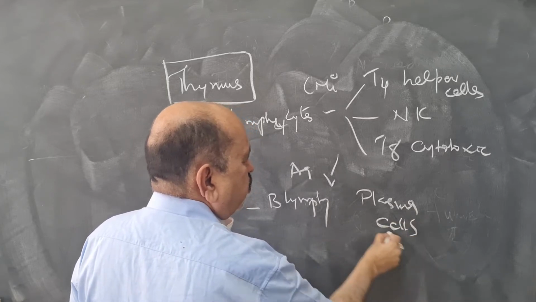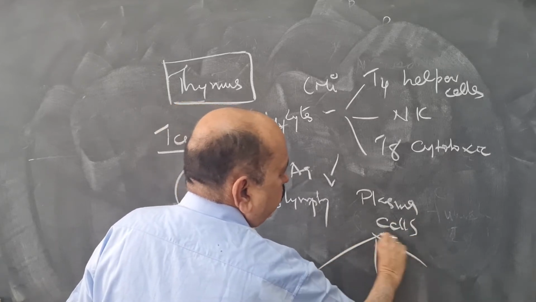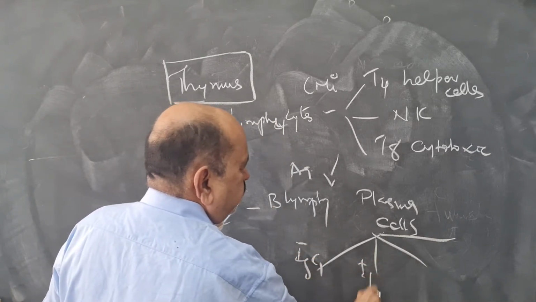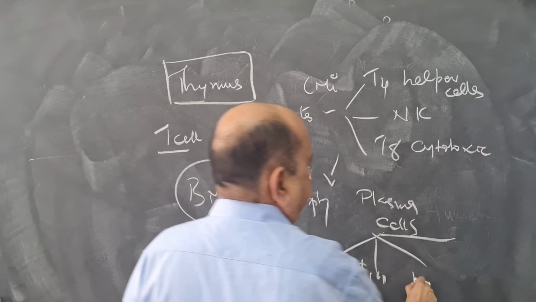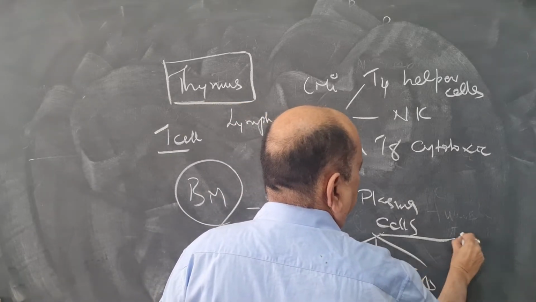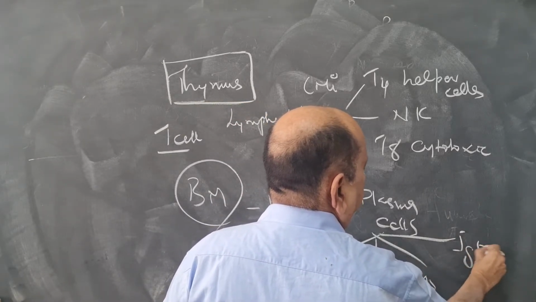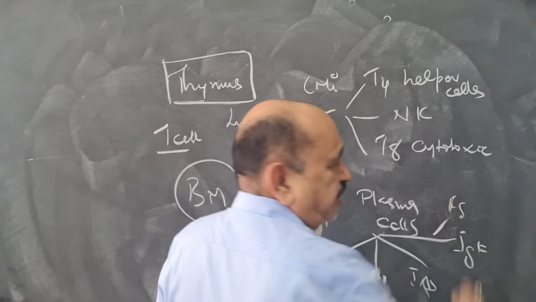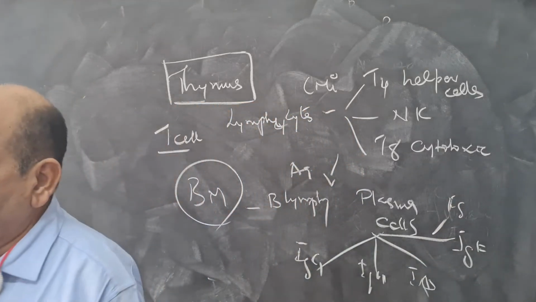Plasma cells are the storehouse of IgG, IgM, IgD, IgE, IgA.